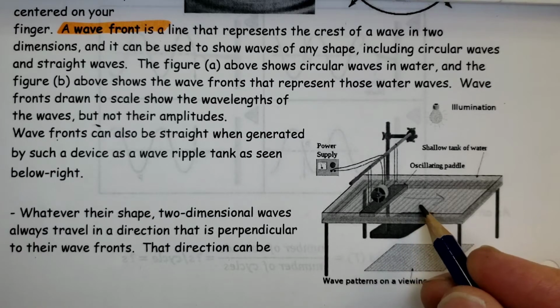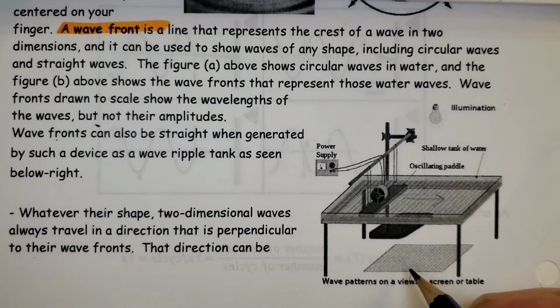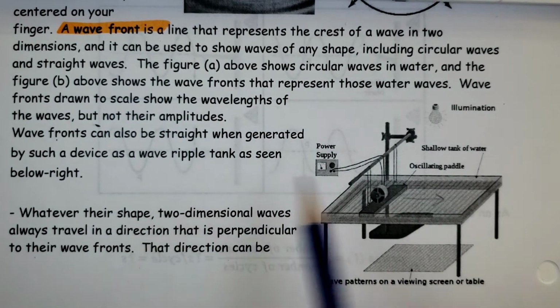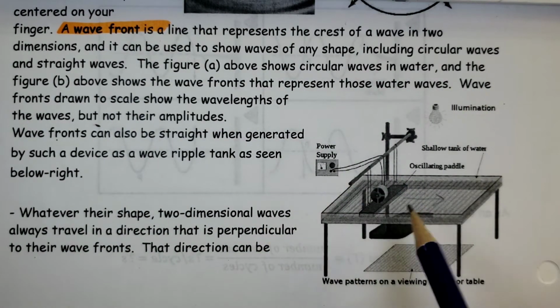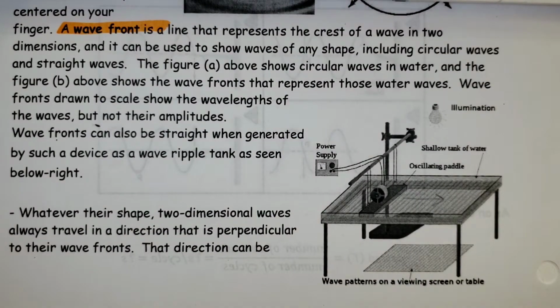Crest, crest, crest. I could measure the distance between those crests and get the wavelengths, but of course I wouldn't be able to figure out how high these waves are. Only the distance between crests, and the distance between crests is a way of determining the wavelength. So that's what I could use to measure wavelength.